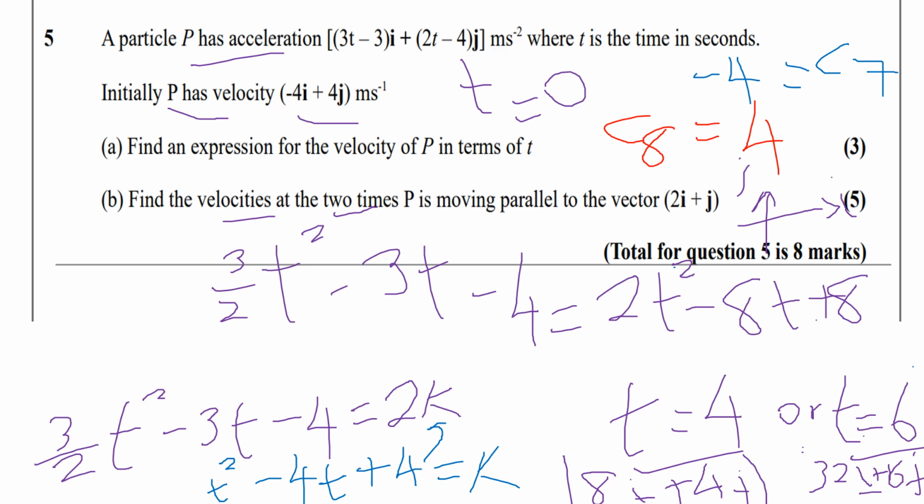So when t is 4, it's going to be 4 lots of 2i plus j, and you have 6 lots of 2i plus j. Is it 32 actually, or should it be 12? Okay, that's fine.